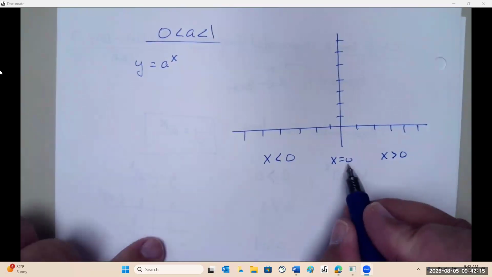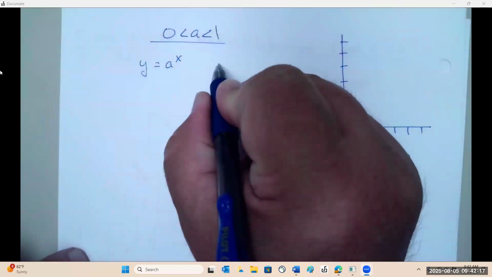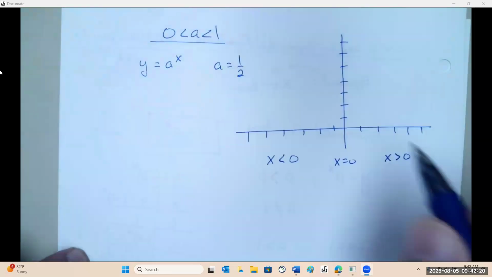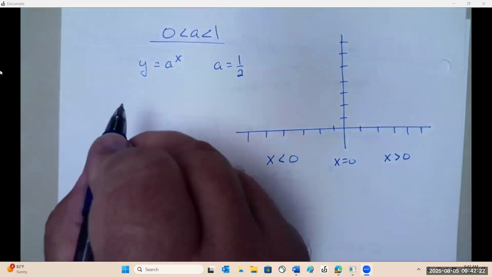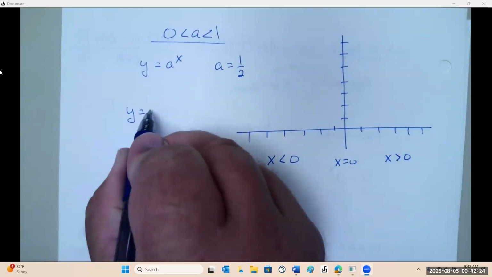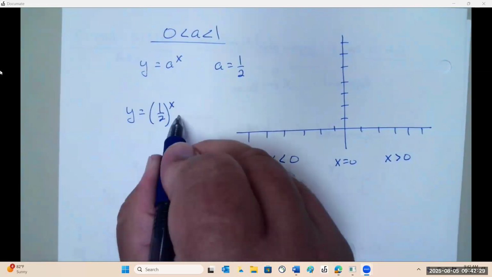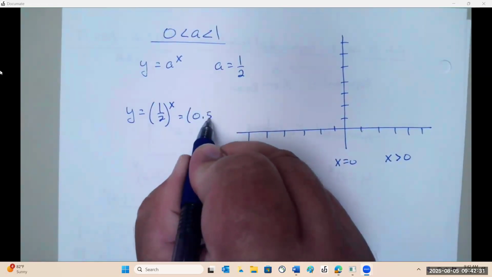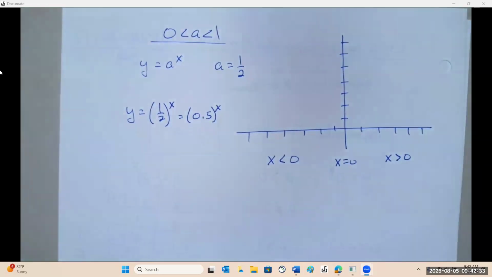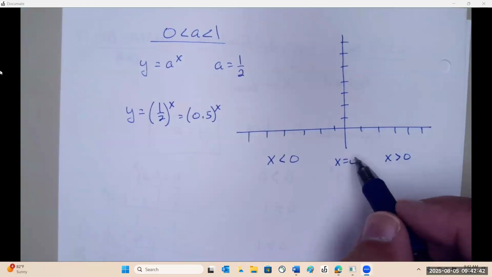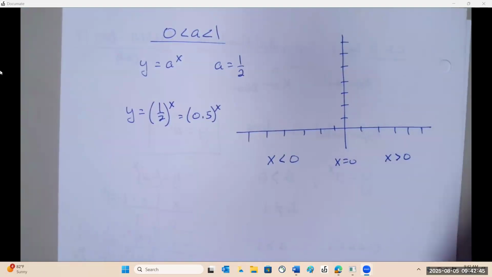So what happens when x is equal to 0? Let's say a is equal to 1/2. That's the easiest one to work with. What if we have (1/2)^x, or we could have said 0.5^x. These are both the same things. But in this case, it's easier if we put them in fractions to show you what's going on. When x is 0, what's the answer? 1. Again, it always crosses through 1.